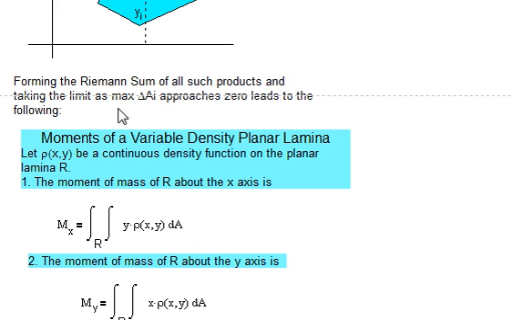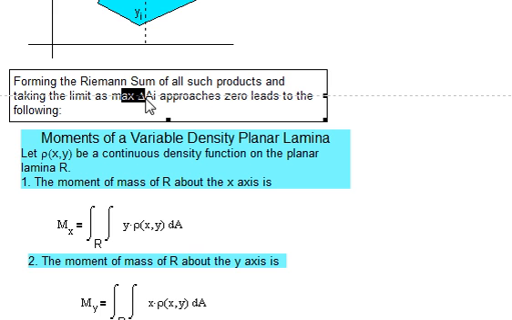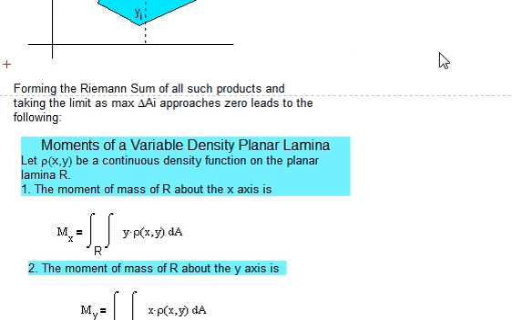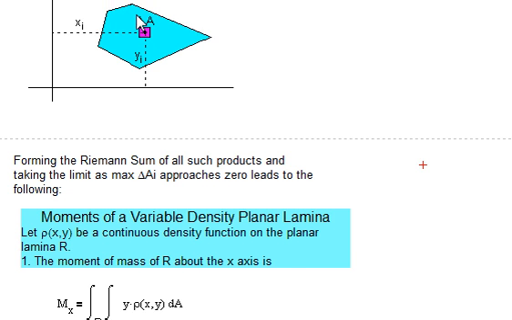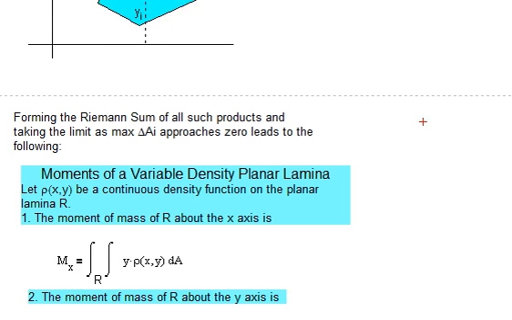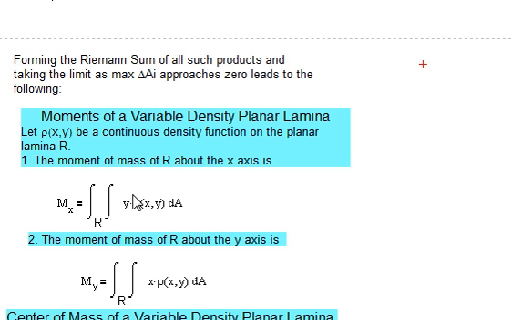So forming the Riemann sum of all those products and taking the limit as the maximum of the delta A sub i, the maximum of the areas, approaches 0. See, that means these rectangles are getting infinitely small. Then we can get the moment about the x-axis as the double integral representing the area.